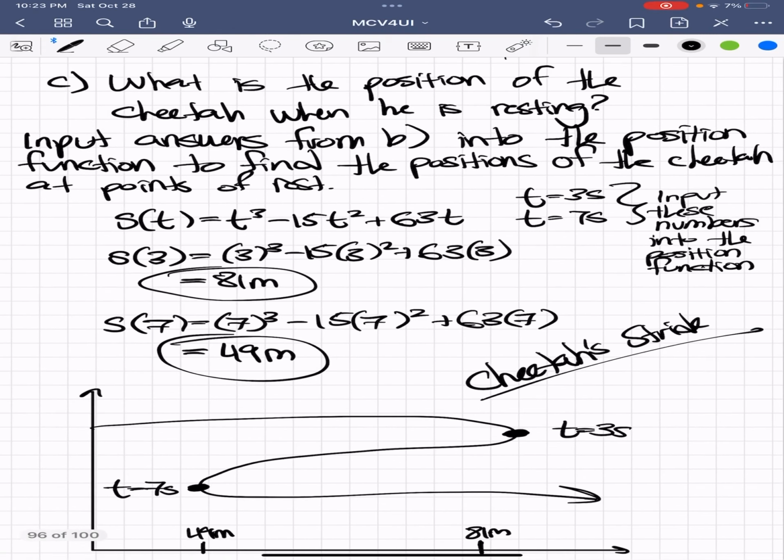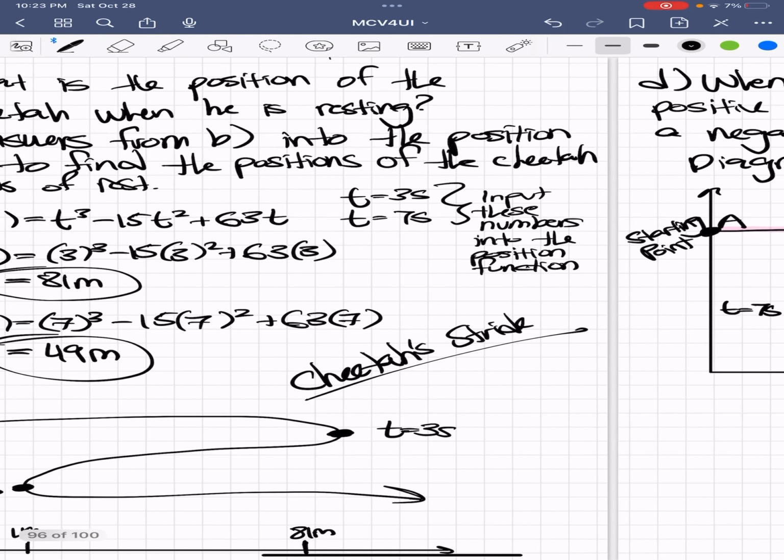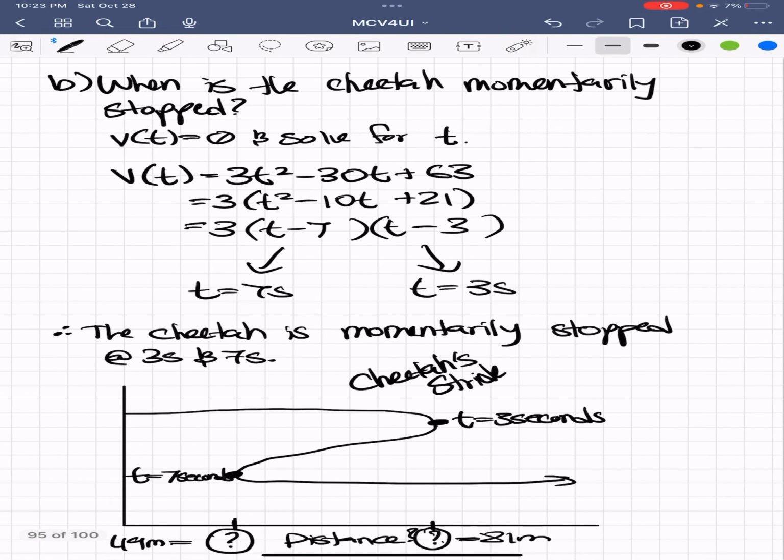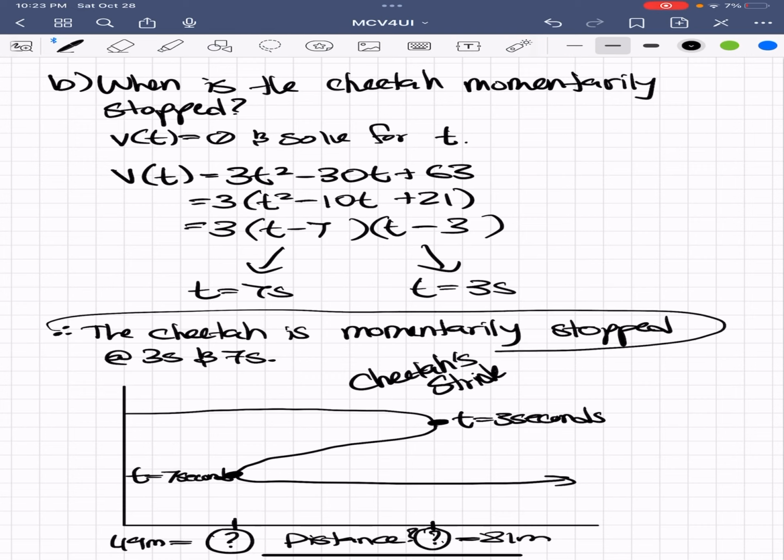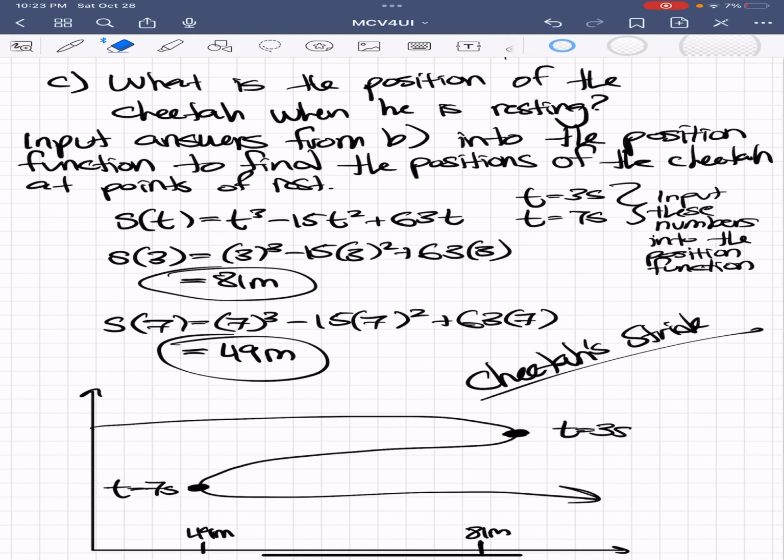Oh, sorry. So we forgot to do a therefore statement for this question. Circle the therefore statement. Circled. And we'll put it right here. The position of the cheetah at 3 seconds is 81 meters.